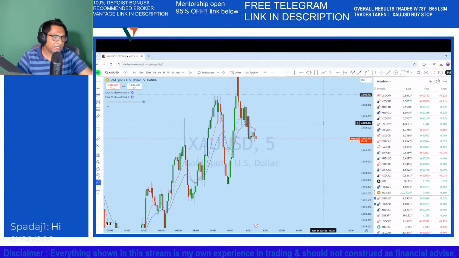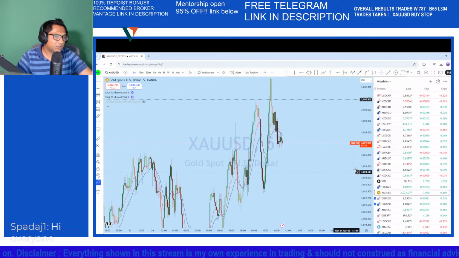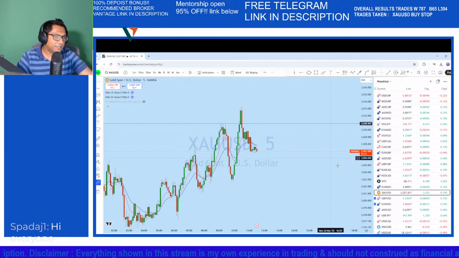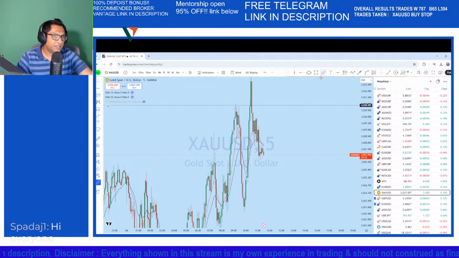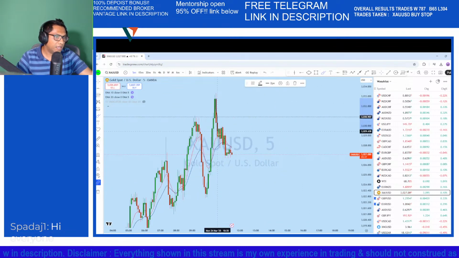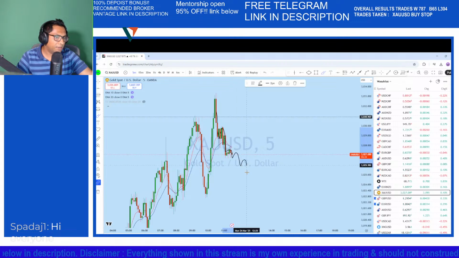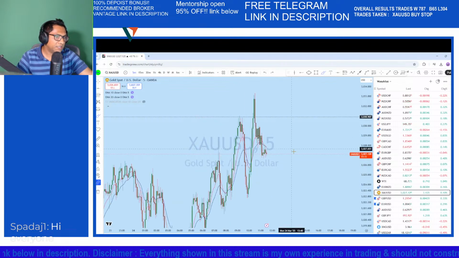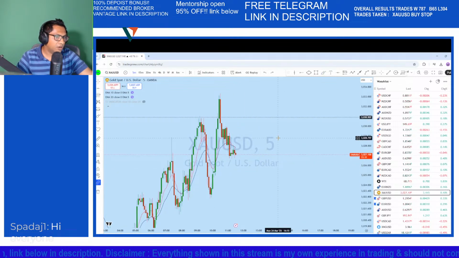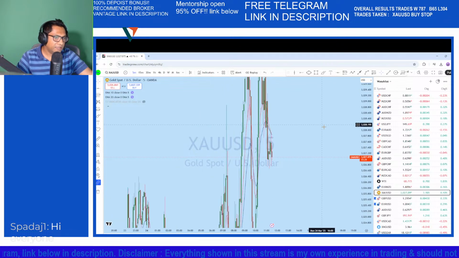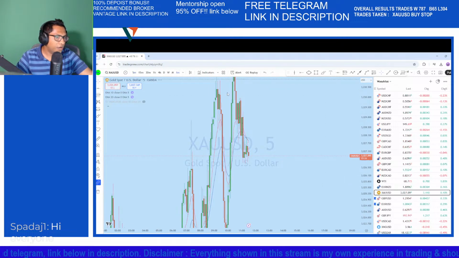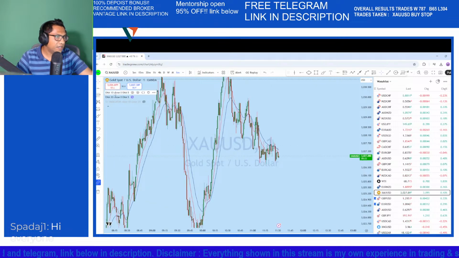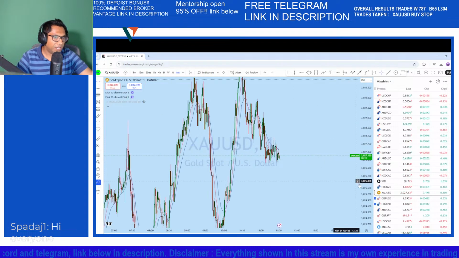So far, in this lower time frame the price is in a downtrend, and the market is locally forming a series of lower highs and lower lows. Here this is a 1 minute bearish engulfer.